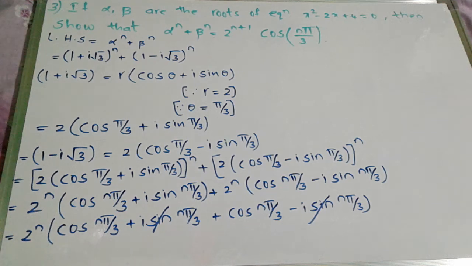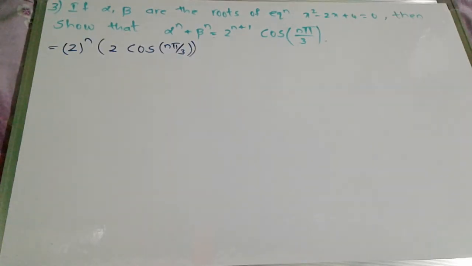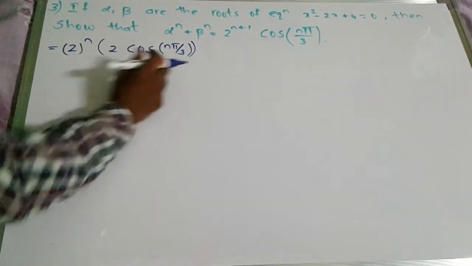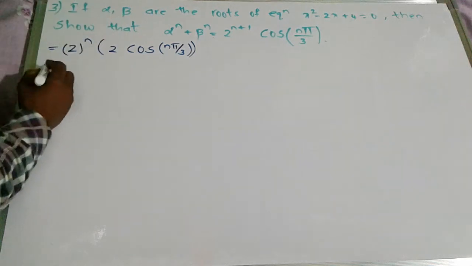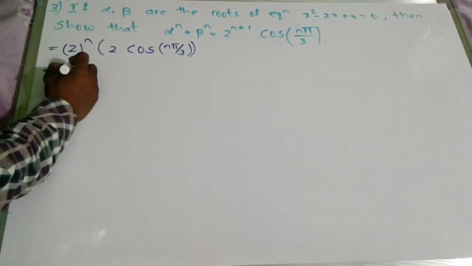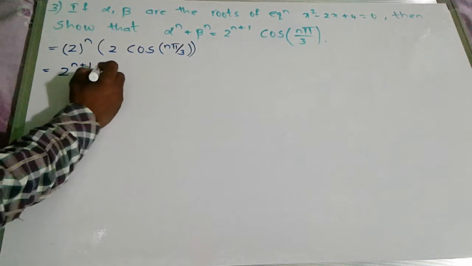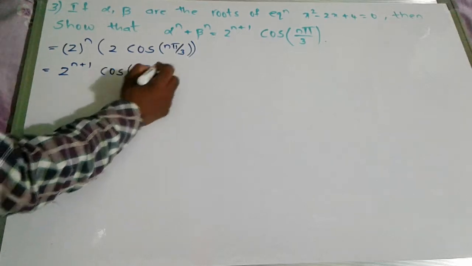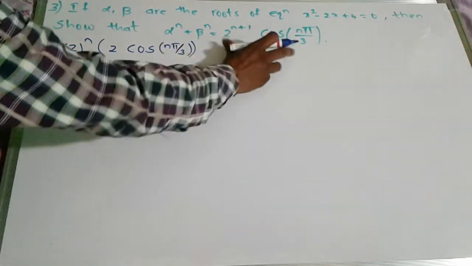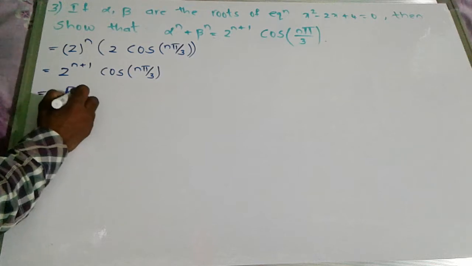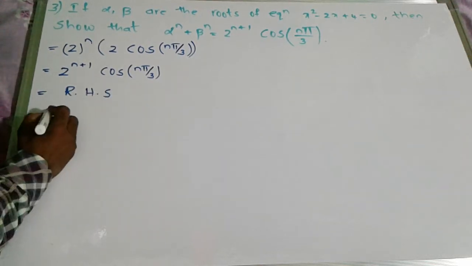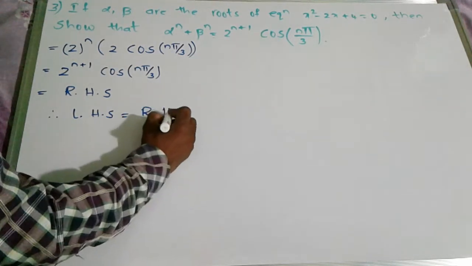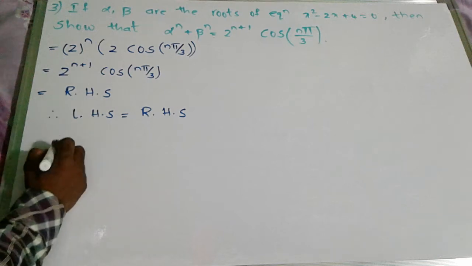So finally we get 2^n times 2 cos nπ/3. Here bases are equal, then powers should be added, right? So 2^(n+1) cos nπ/3, which is equal to RHS, right? So therefore LHS equals RHS. So hence we proved.